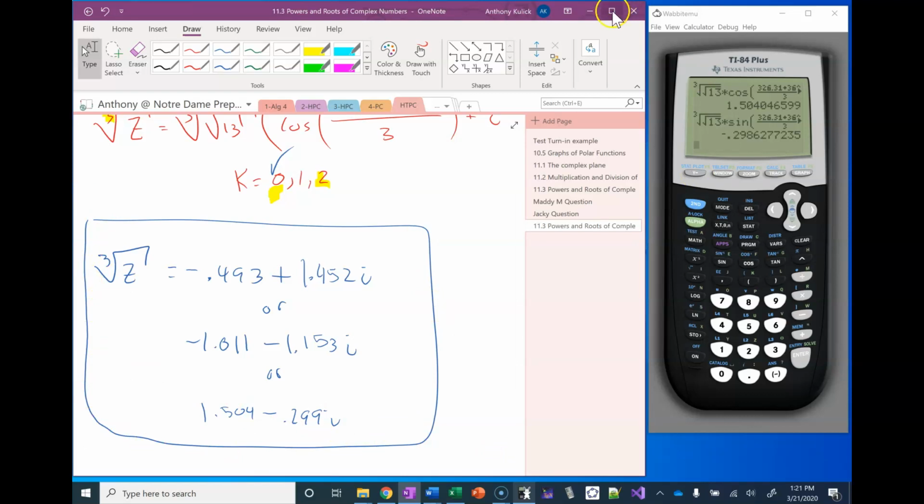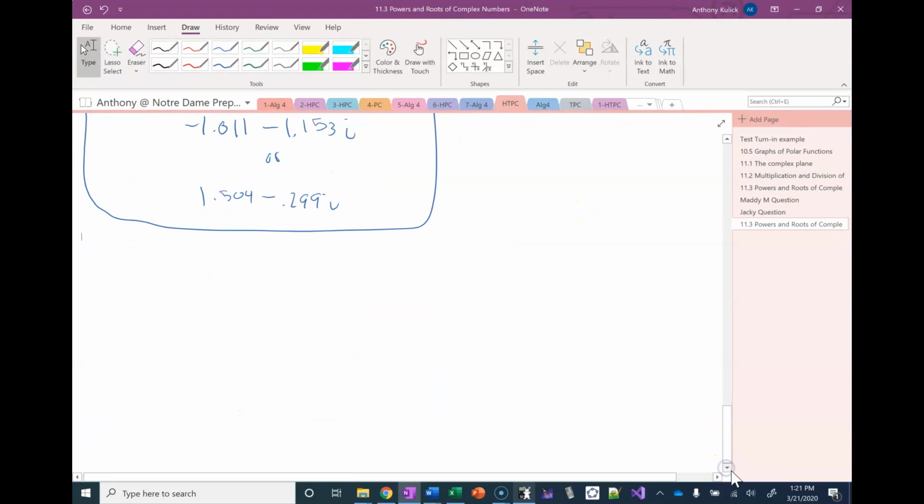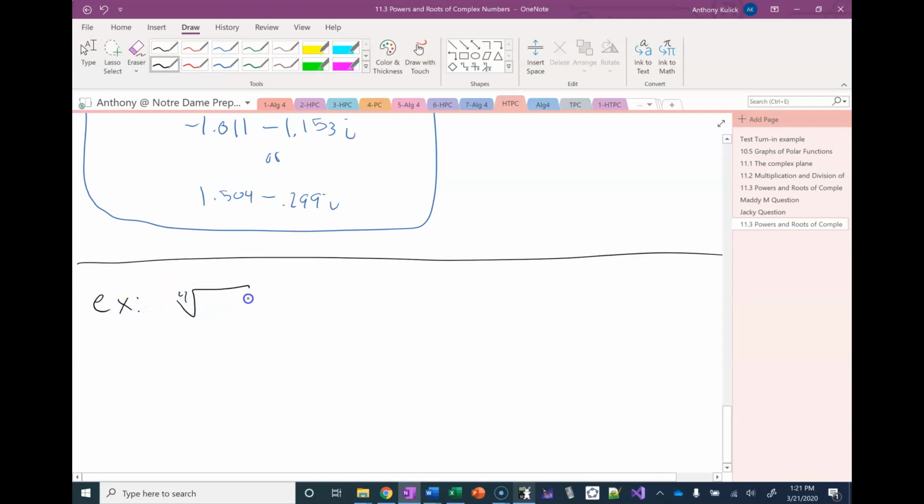So let's do that one more time with a different problem. Let's say we want to find the 4th root of 16.